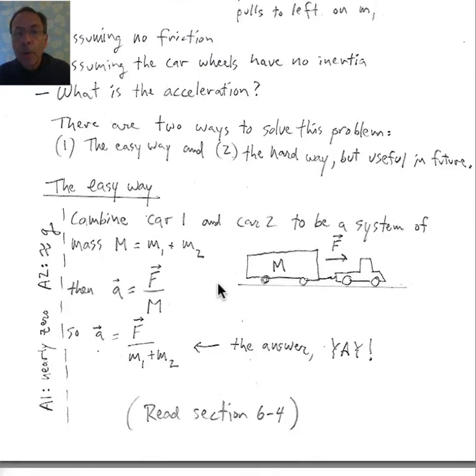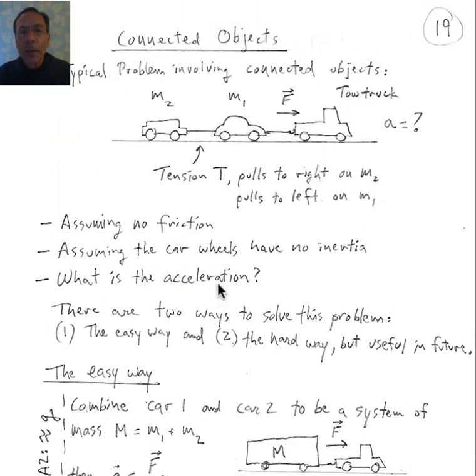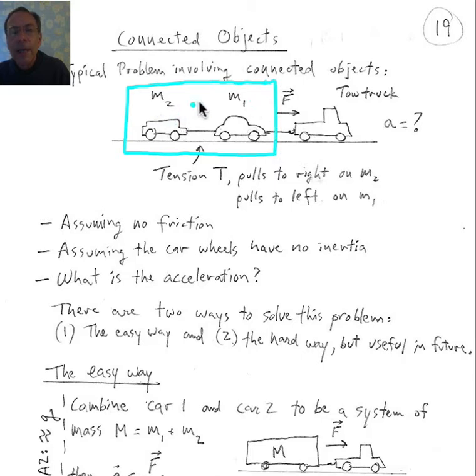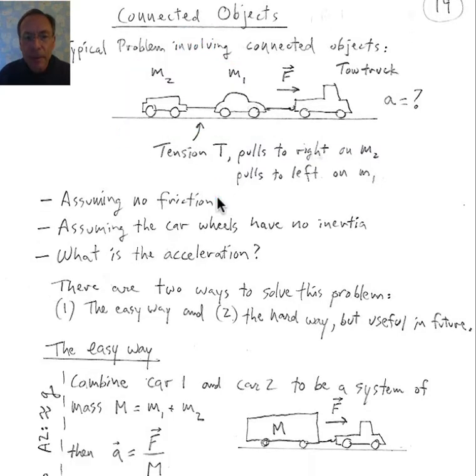So the technique is real simple. What you're going to do is combine these two things here, cars 1 and 2, masses 1 and 2, and say, well, this is just like one big object, and it'll have mass capital M. And if you do that, it simplifies the problem.